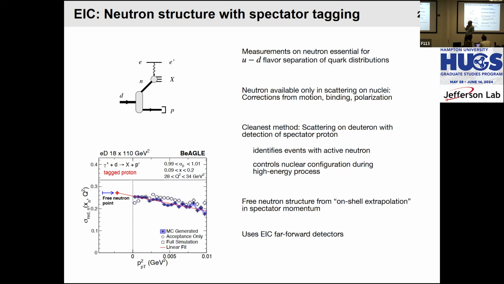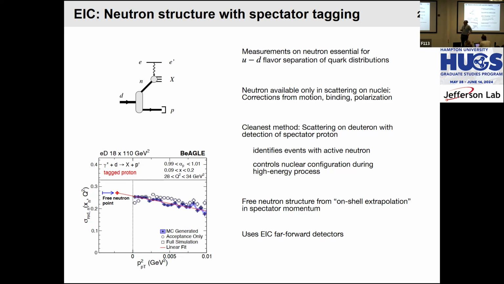Now, as you all know, the neutron is available only in scattering on nuclei. And this comes with all kinds of complications because there are corrections from the Fermi motion of the neutron in the nucleus, corrections from nuclear binding, and corrections to the effective polarization of the neutron in the nucleus. So if the nucleus is polarized, the neutrons are polarized only to some degree.